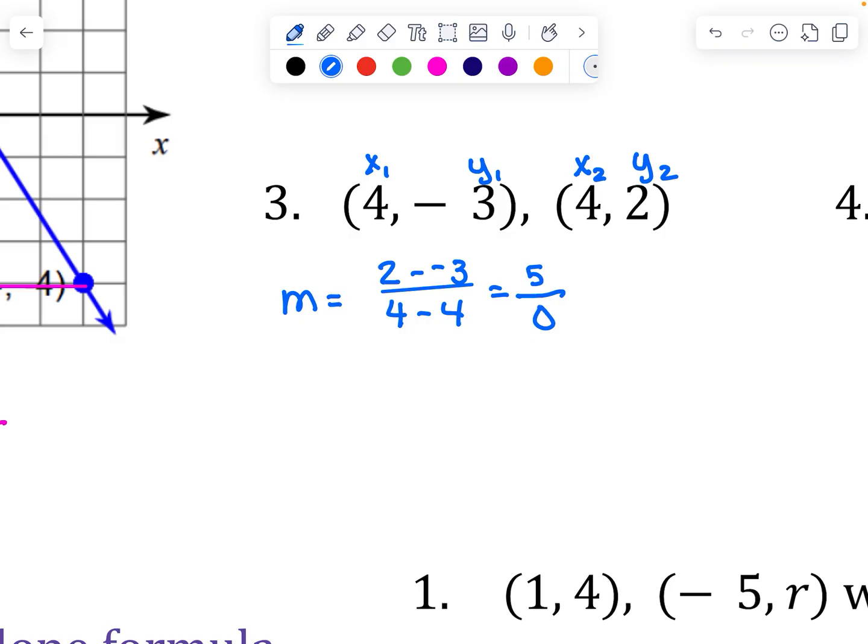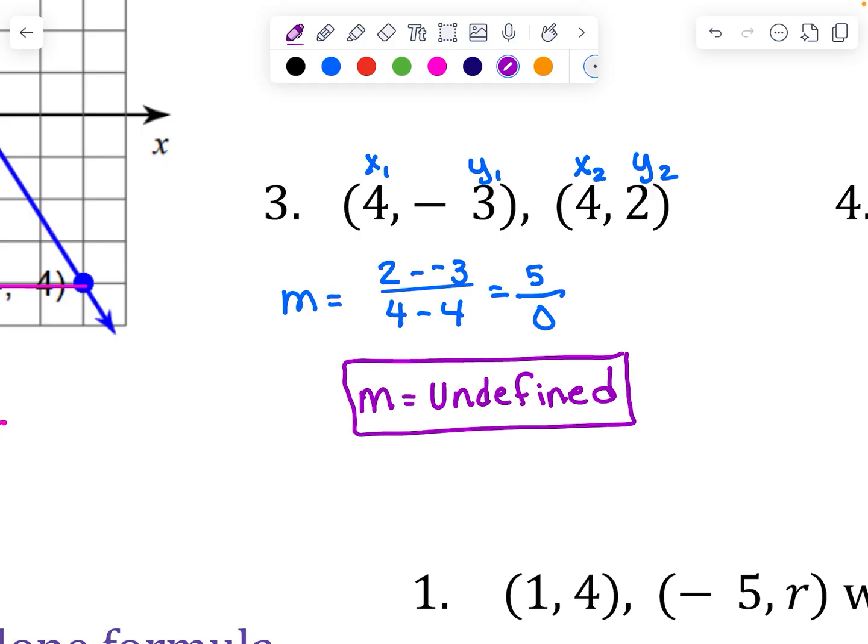You can never divide anything by 0. Because of this, your slope is just going to be undefined. If you end up with a 0 in the denominator, your answer is just undefined. And we'll talk more about that when we get into graphing as well.